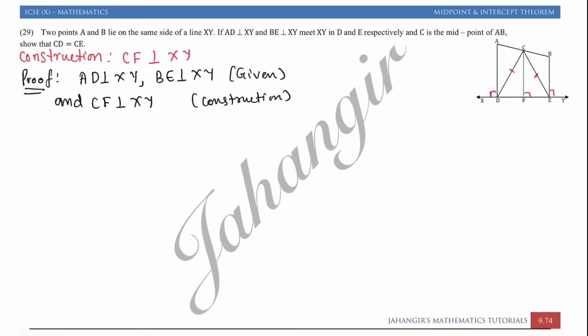So see, if this is a line XY, just for explanation purposes, and AD is perpendicular to XY, let's say one of the lines is this, and one more line BE is perpendicular to XY.